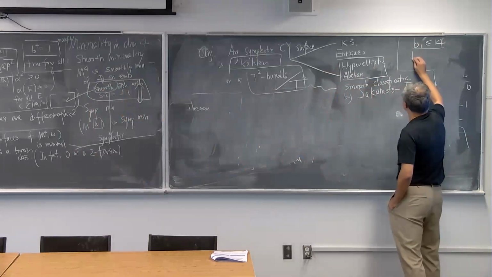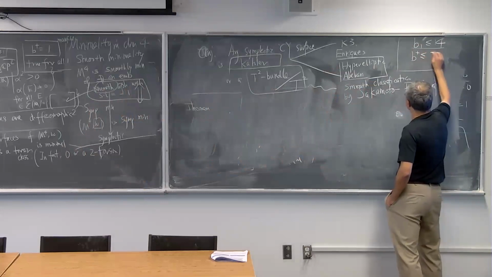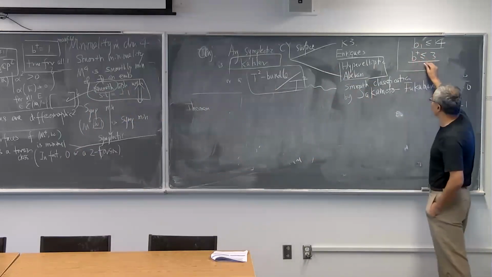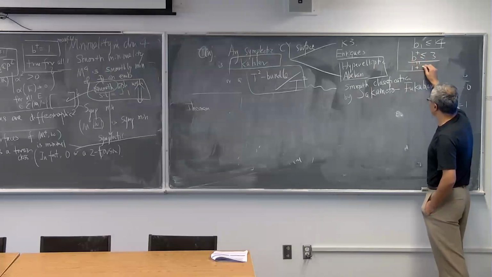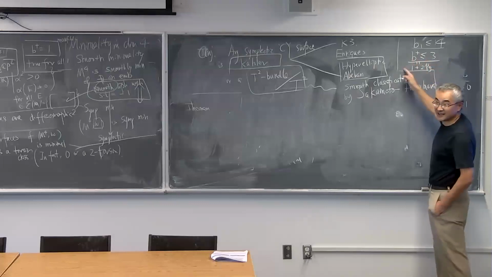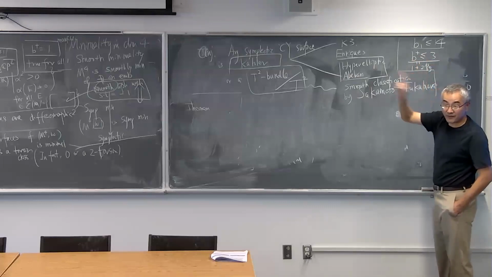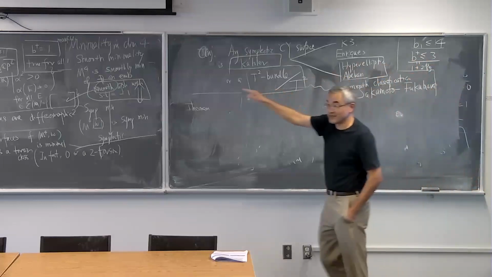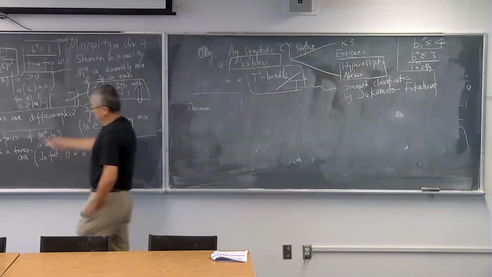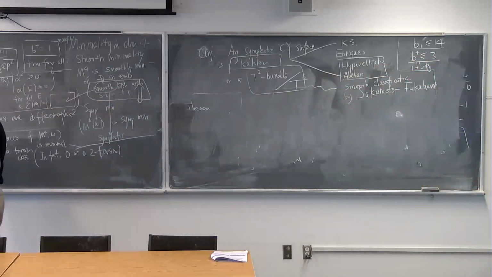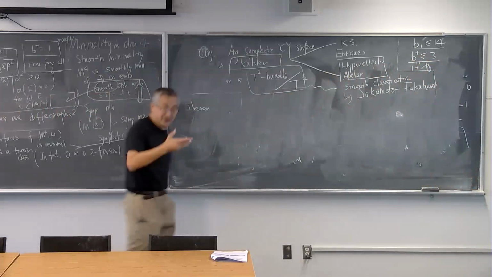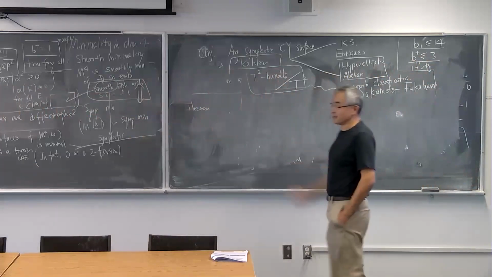And b plus is at most 3, and that should be unsurprising because b plus is 1 plus 2 pg. In the Kodaira case, this pg is just 1. This is because the geometric genus can be either 0 or 1. So pg is the geometric genus.